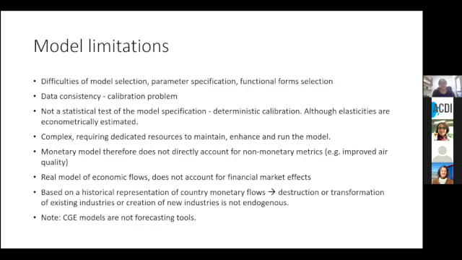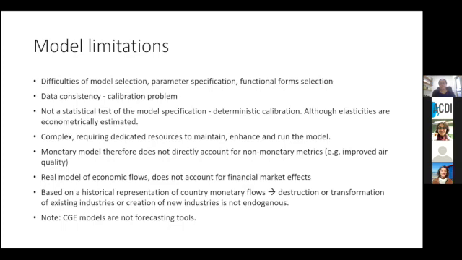There is not a statistical test of model specification. Rather, the model is solved deterministically, although it does include elasticities that are econometrically estimated. The model is also quite complex, so it requires dedicated resources to maintain, develop, and run.